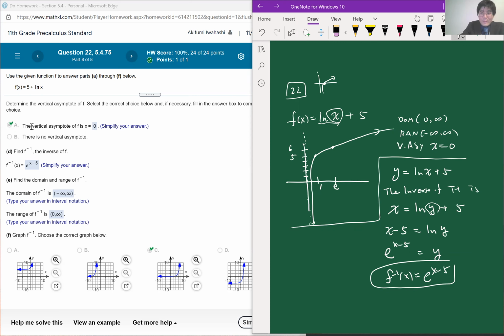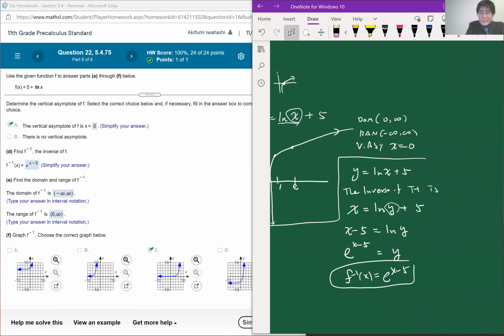Okay. Now, the inverse function is basically you flip x and y. So the domain of the original function becomes the range of the inverse function, and the range of the original function becomes the domain of the inverse function. And that's going to answer part E. And part F is graphing. For the graphing, you can just look directly at this function, which is an exponential function, but moved 5 to the right.